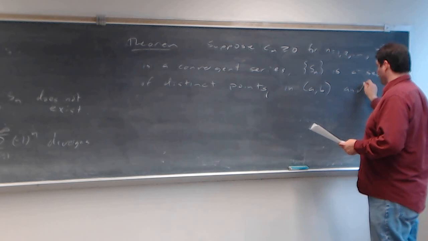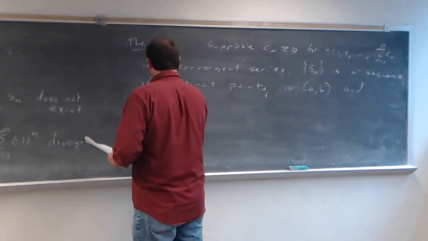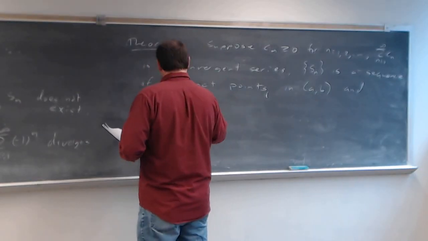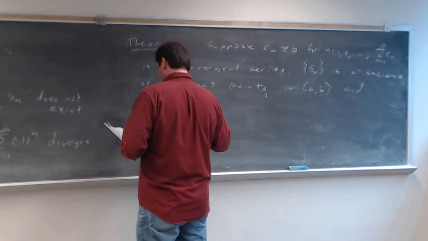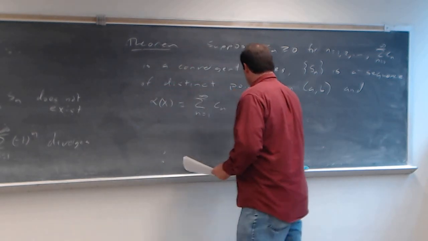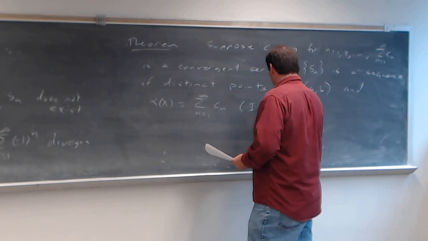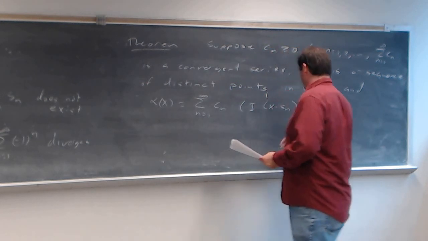And the function is going to be defined on the closed interval. We're going to define alpha of x to be equal to the sum as n runs from 1 to infinity of c sub n times this unit step function I of x minus s sub n, much like what we had for the previous theorem.